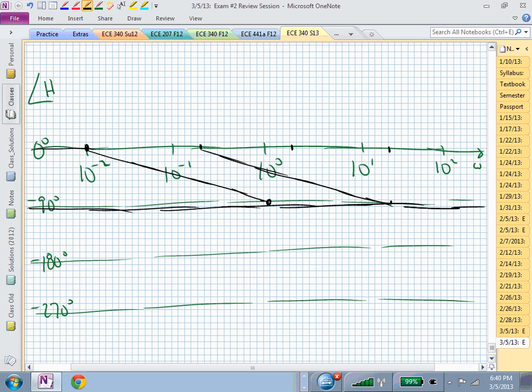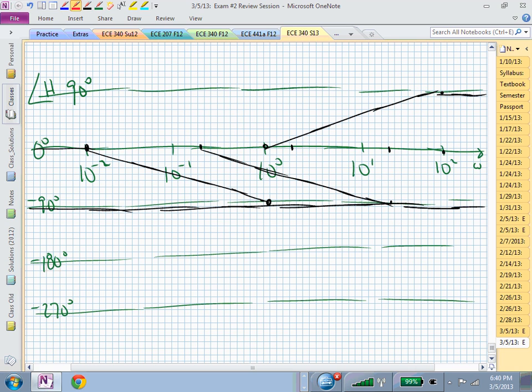for its contribution. And then we had a 0. The 0 was at 10. So it's going to start a decade before that at 1 and stop a decade after that at 100. Now we just have to add all these pieces up.